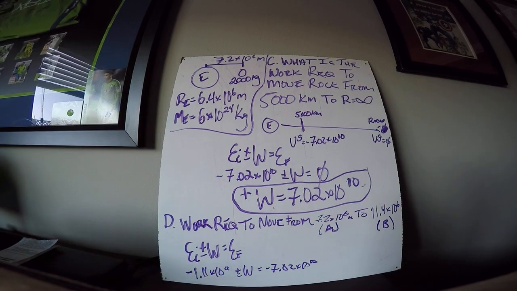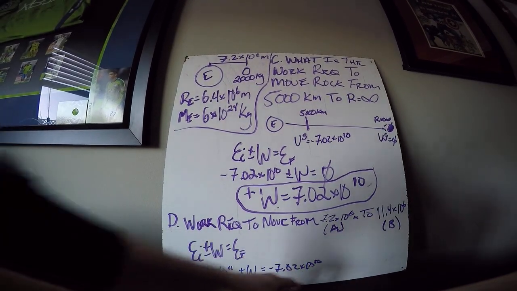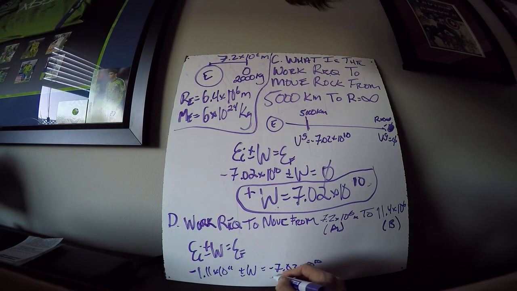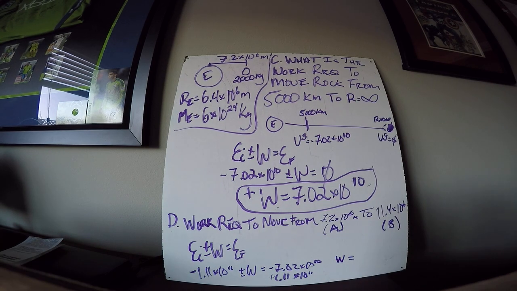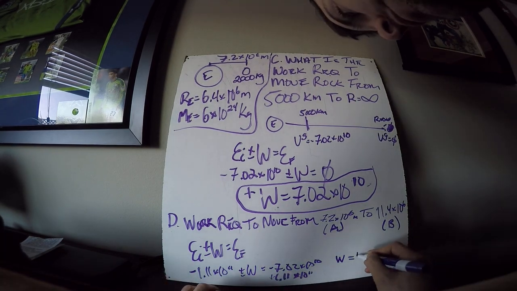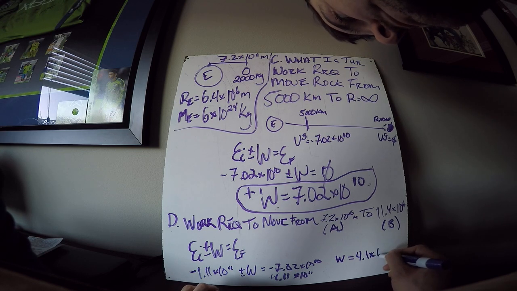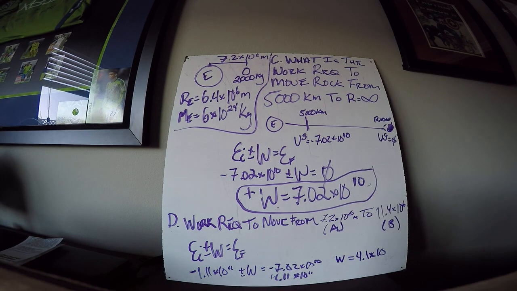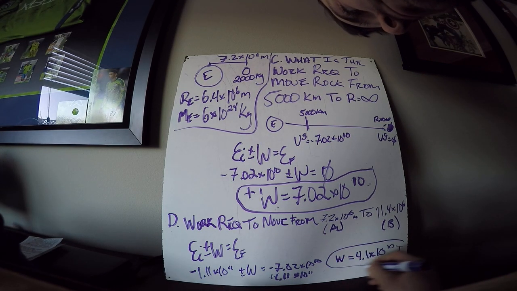Adding this number over, we go plus 1.11 times 10 to the 11. You get work equals 4.1 times 10 to the 10th joules.